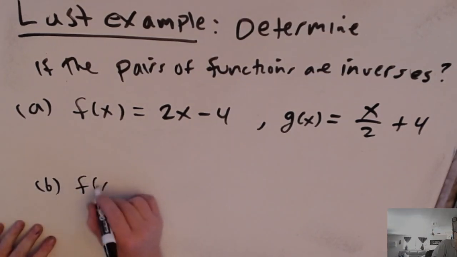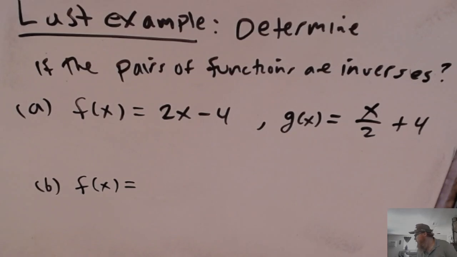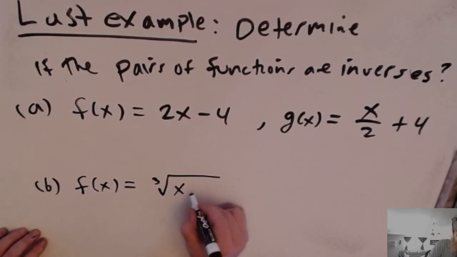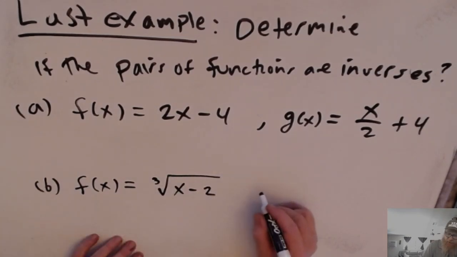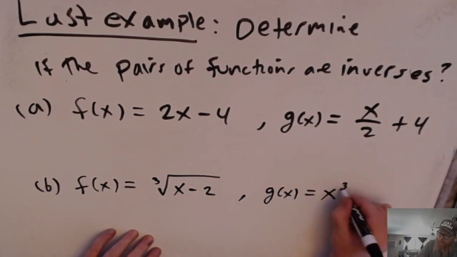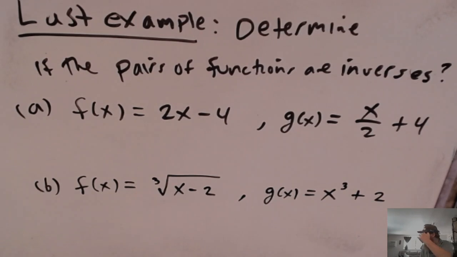And for the second one, part B, we'll do f is the cube root of x minus 2, and g of x is x cubed plus 2.